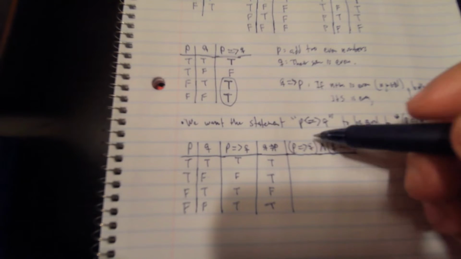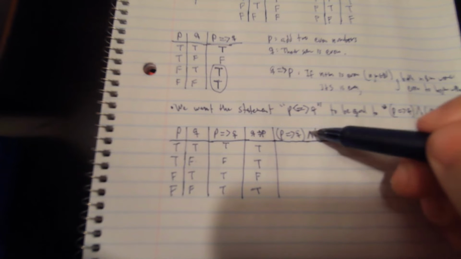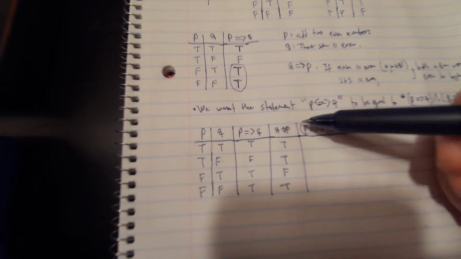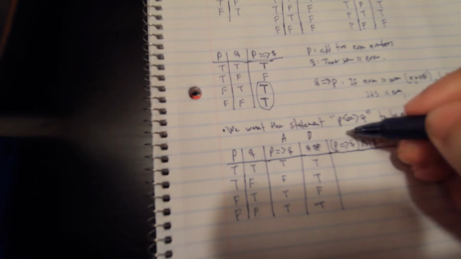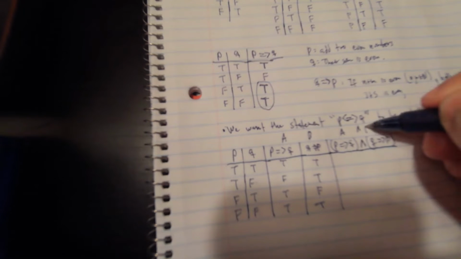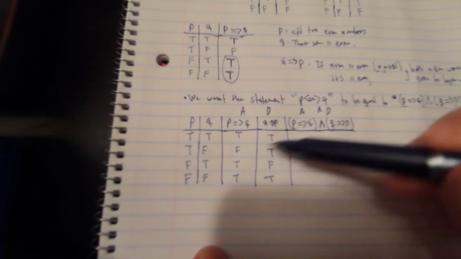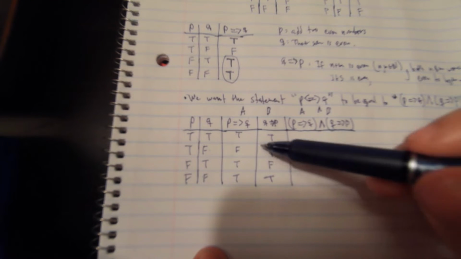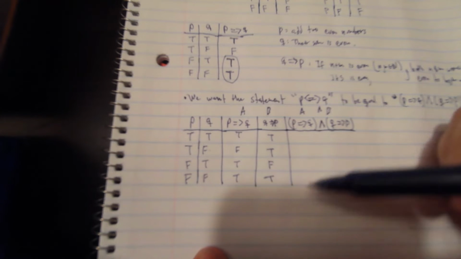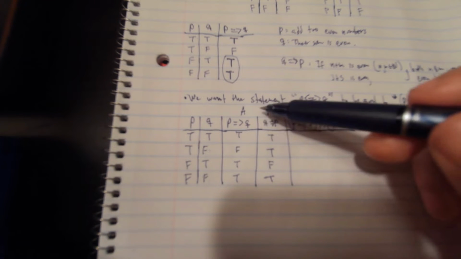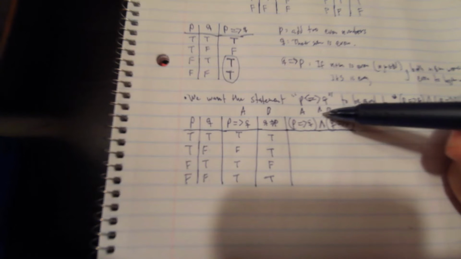Okay, so let's go back here. This is this and that. Think of this as maybe A and this as B, and this is really A and B. So we're looking at these truth tables and we're going to see the values that go here from these two. If A is true and B is true, then A and B is true.